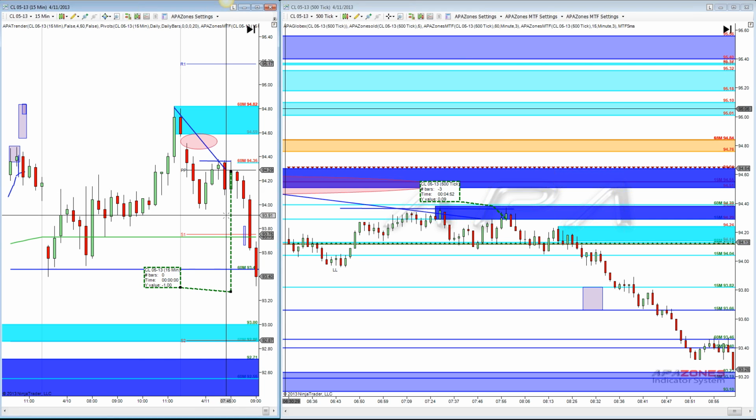Just FYI, guys, I really like to have a third target. Sometimes I only play with two targets, but if I feel like a trend is developing and I'm taking a trend following trade, a lot of times my third target will be 100 ticks or a $1 move on crude.